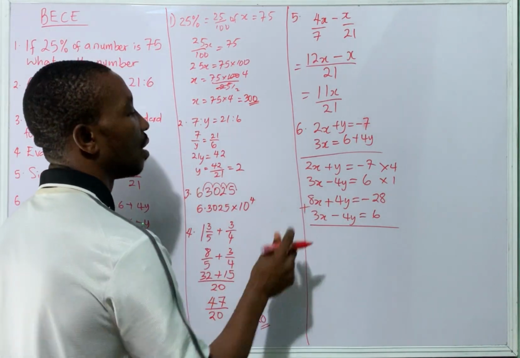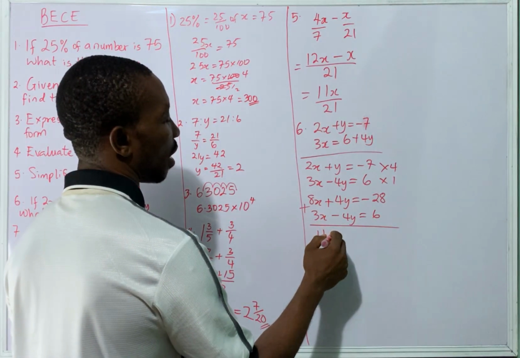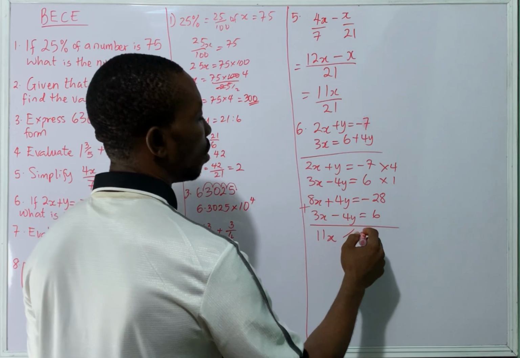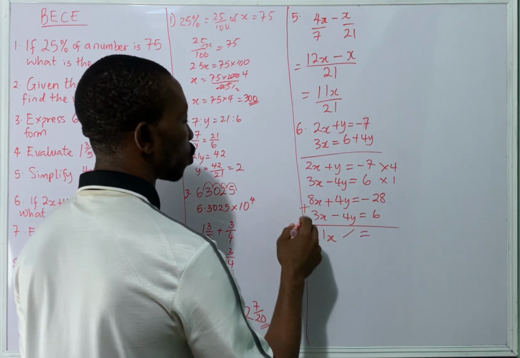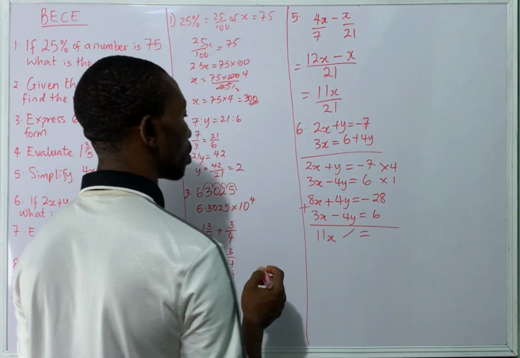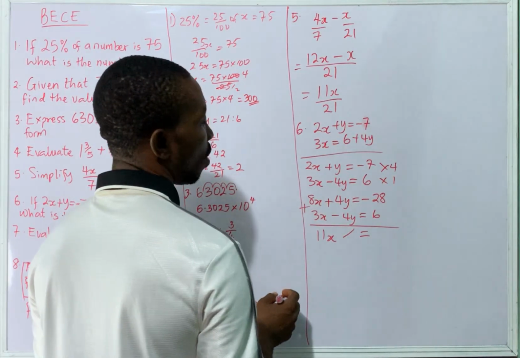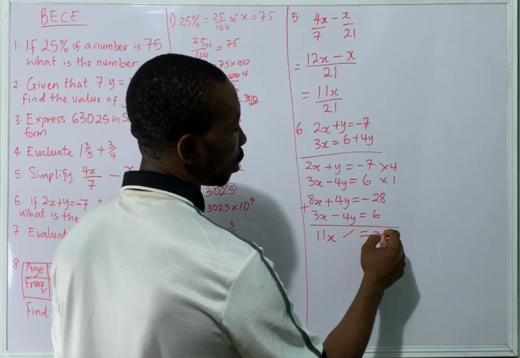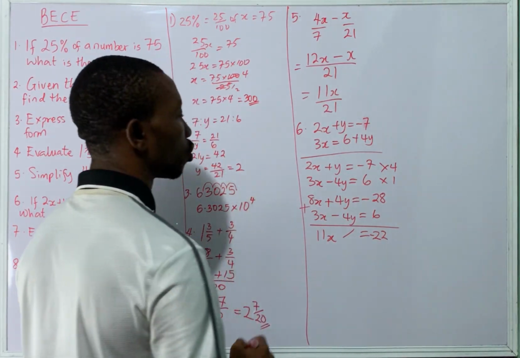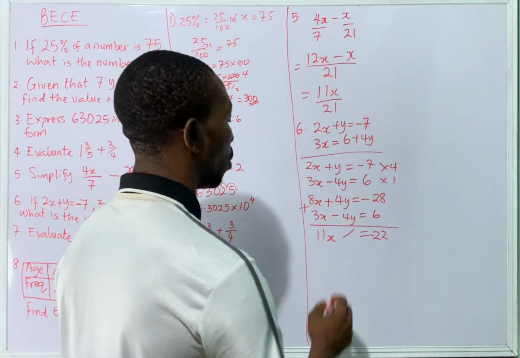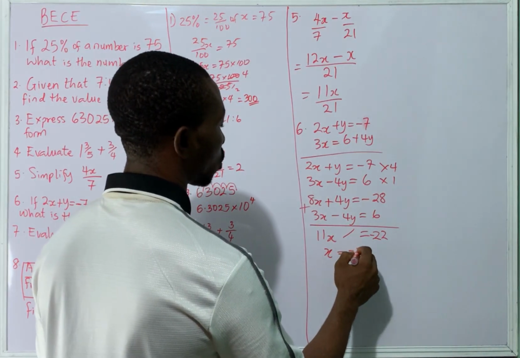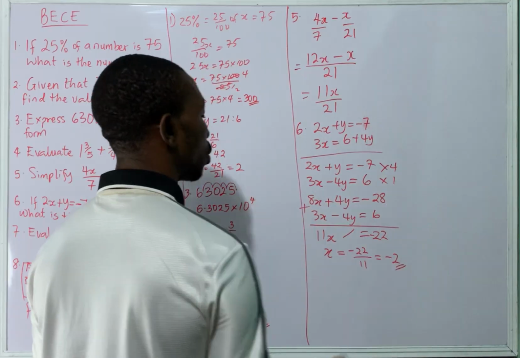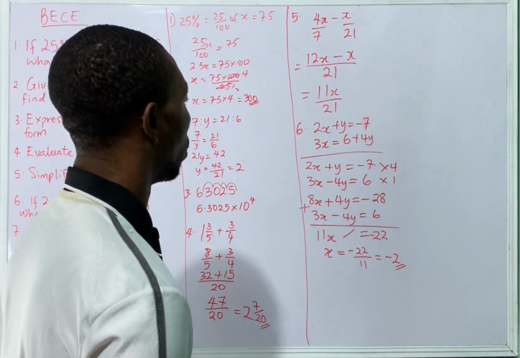I add. 8 plus 3 will give me 11x, minus 4 plus 4 will give me 0, equals minus 28 plus 6. Okay, that is 6 minus 28, which gives me minus 22. Now our x will become minus 22 over 11, which is minus 2. So the value of x is minus 2.